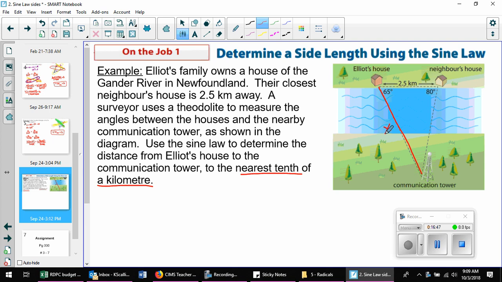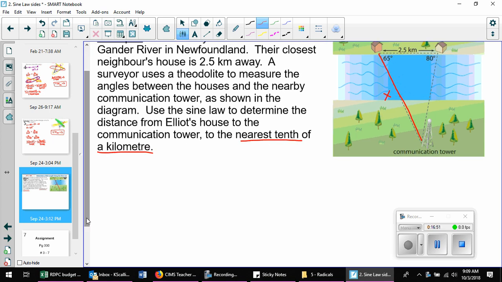Okay, that's exciting. What am I missing? I don't have any sets of data. I'm missing an angle. Because I have this, but I don't have this, but it's easy enough to find. So I'm going to call this side C for communication tower. And you guys know that this little angle symbol, if that comes right in front of a letter, that just means the angle sign.